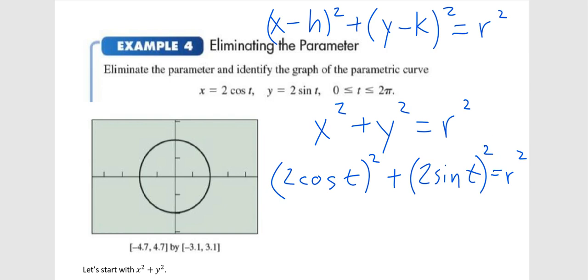So when you square each one of those, 2 cosine times 2 cosine, what's that? 4 cosine squared. Right? Is that okay? All right. What about 2 sine times 2 sine? 4 sine squared t.